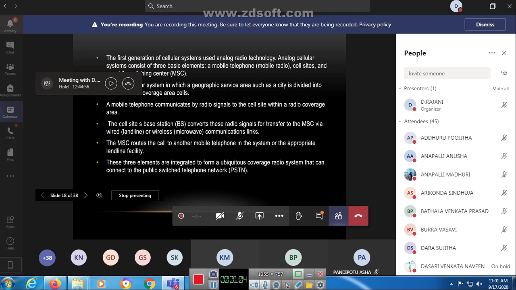It consists of basically three elements. What are the three elements? Mobile telephone, that is mobile radio, and cell site. The other one is the cell coverage. These three are the important elements, along with the mobile switching center, in the analog radio technology.